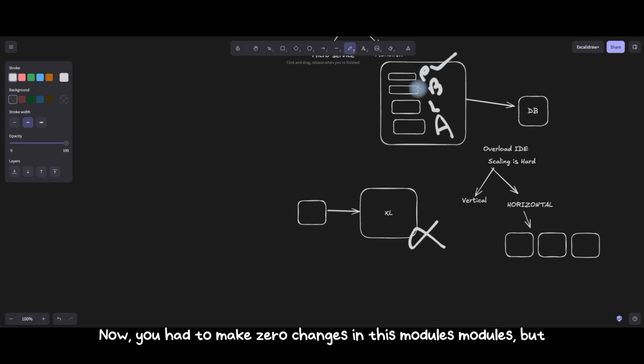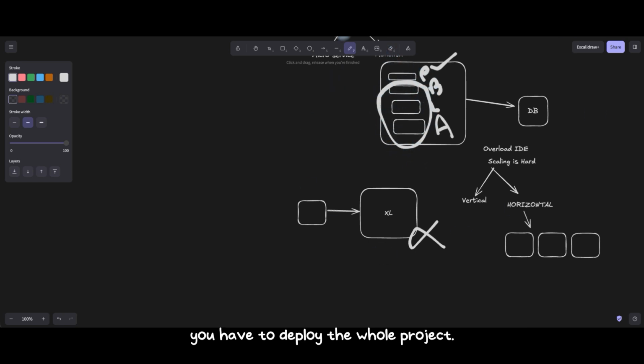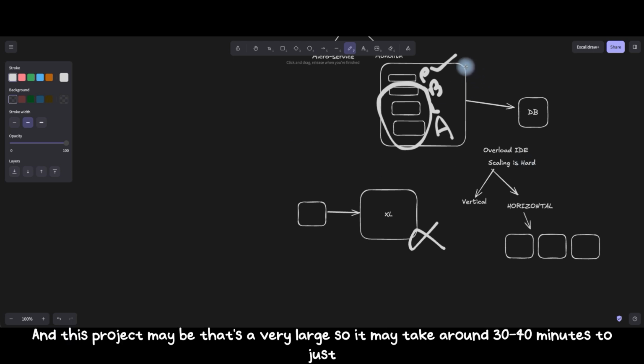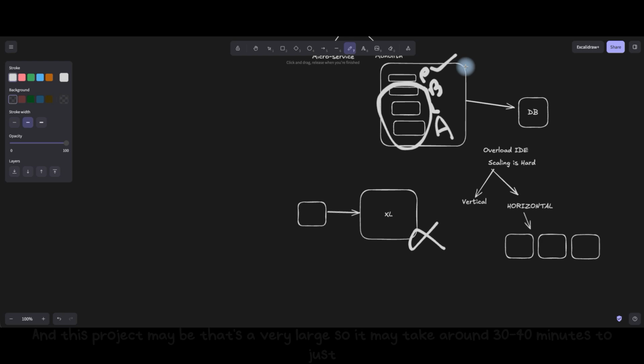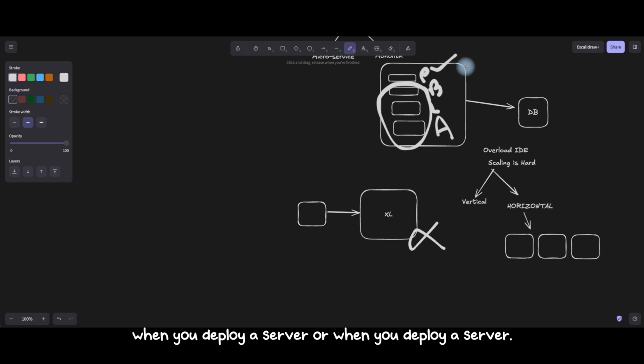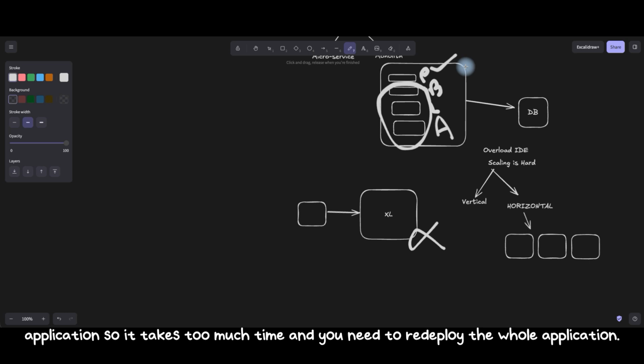Now you had to make zero changes in the other modules, but you have to deploy the whole project. And this project may be very large, so it may take around 30-40 minutes to get deployed, because there will be unit tests running, and a lot of things in a pipeline run when you deploy an application. So it takes too much time and you need to redeploy the whole application.